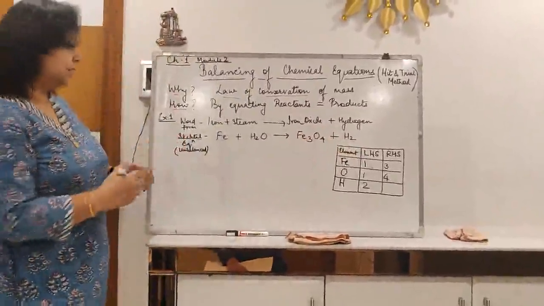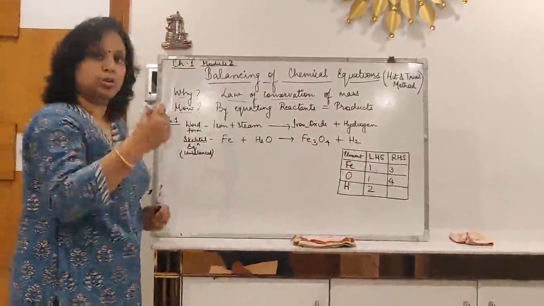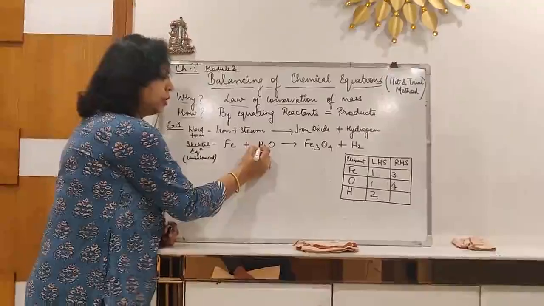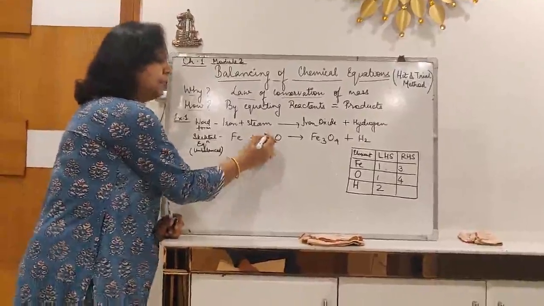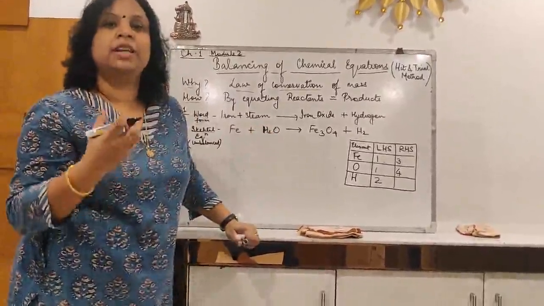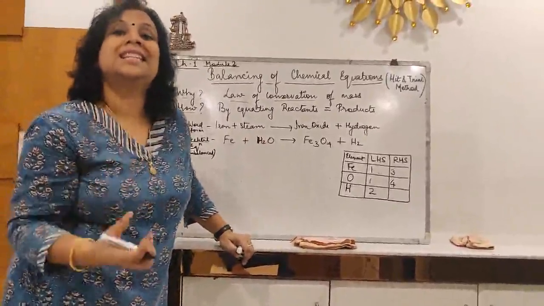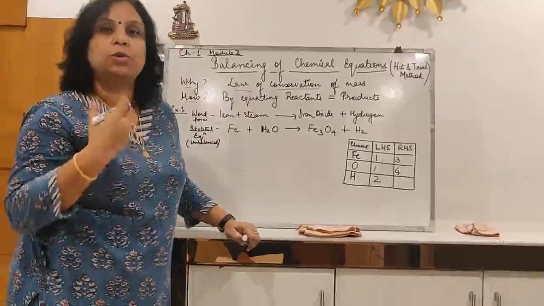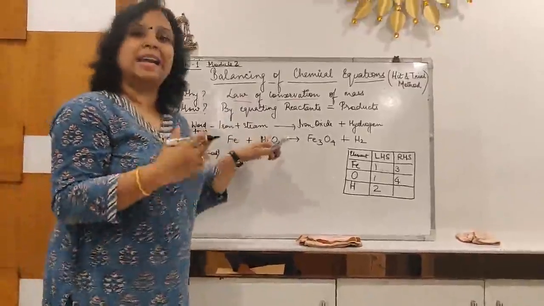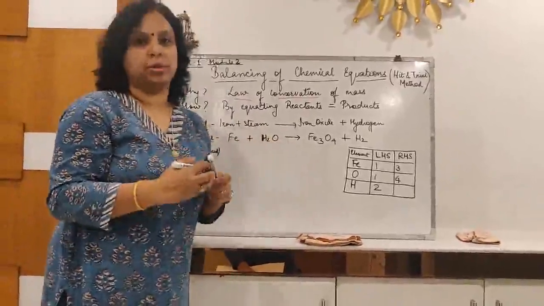Now, the unbalanced equation or the raw equation, which we may even say the basic equation, is also known as the skeletal equation. Now what do we have to do? We have to balance this skeletal equation.